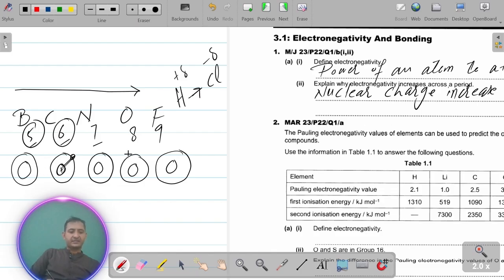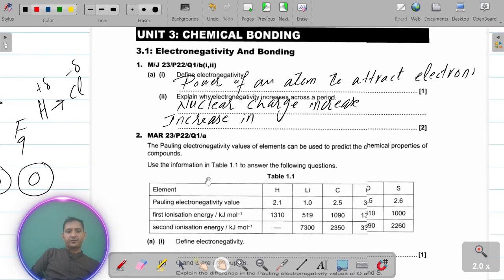So I can write: increase in nuclear attraction from left to right.